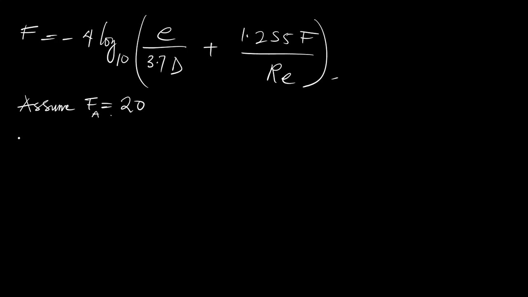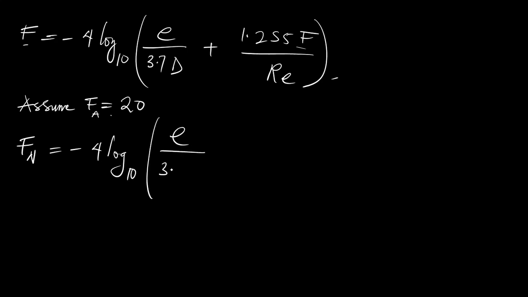Now we are looking for the value of F. Since F is here and here, we're going to make use of this formula. We are looking for F subscript N, which is new, equal to minus 4 log to base 10 E divided by 3.7D plus 1.255 F subscript A, the assumed value, divided by Reynolds number.